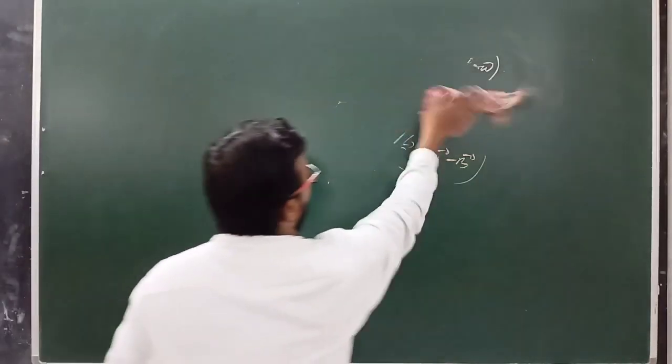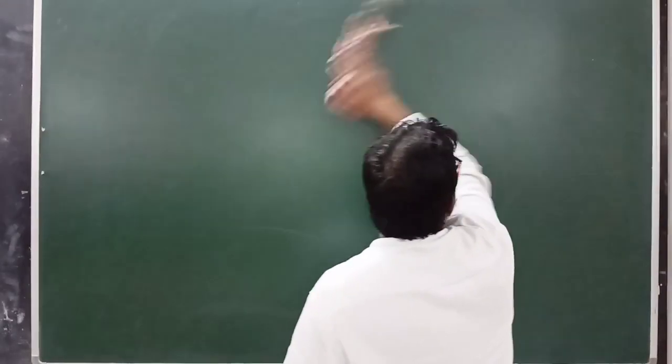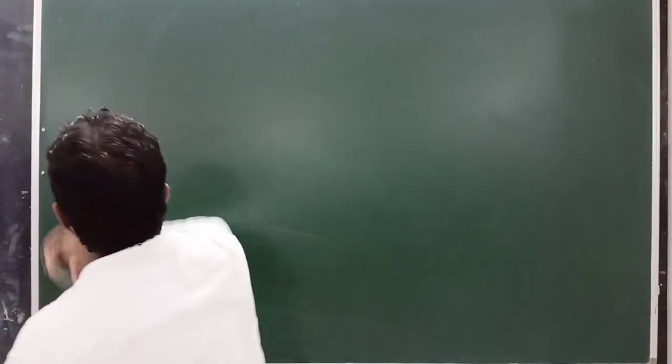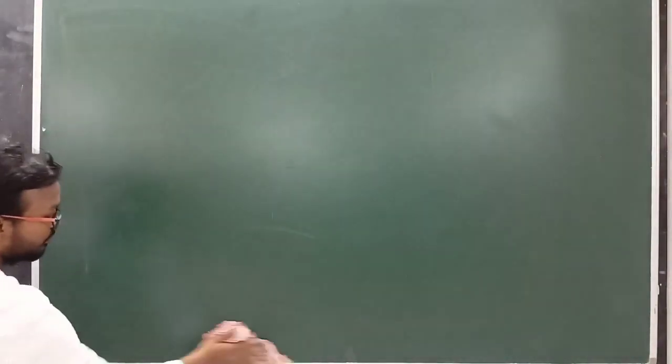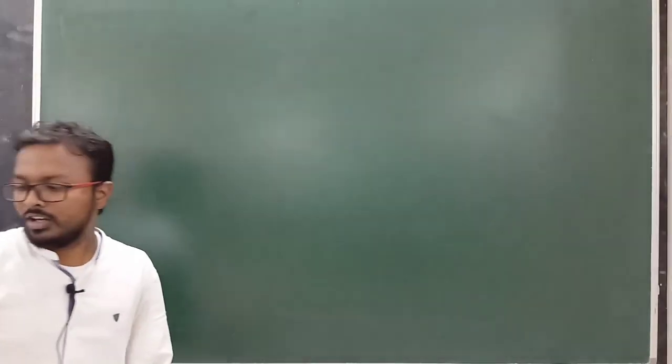Now let us take one example regarding subtraction of two vectors. Suppose there is a particle moving in a circular path with constant speed.